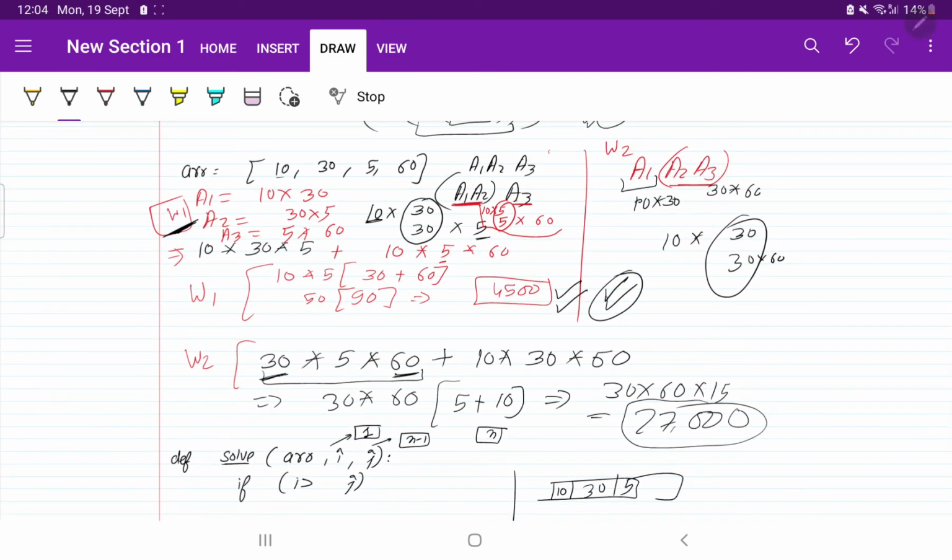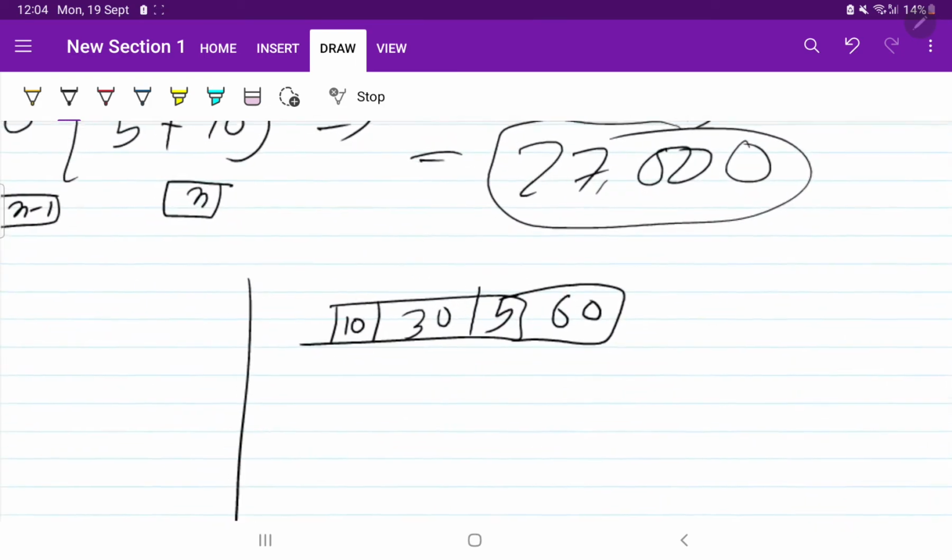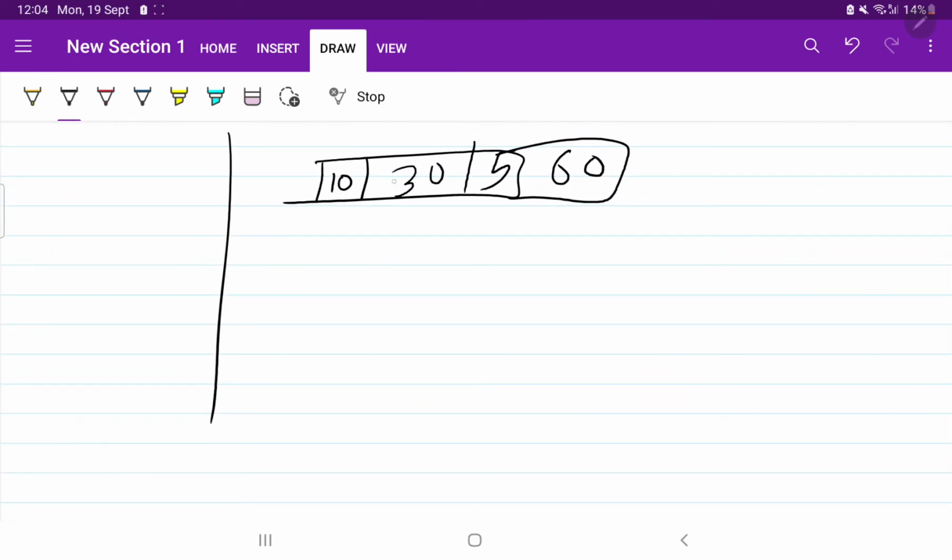10, 35 and 60. Suppose this is the starting point i; we are not sure about the starting and ending point, so i is always less than j. Now what if there is only one element, 10? Will it make any sense?